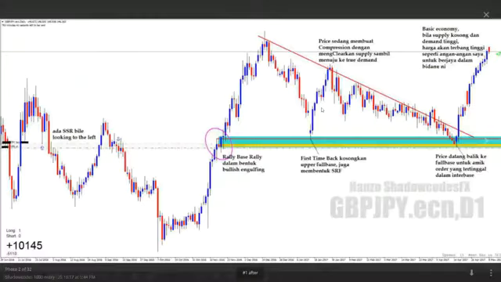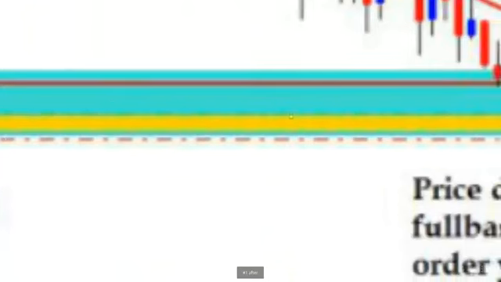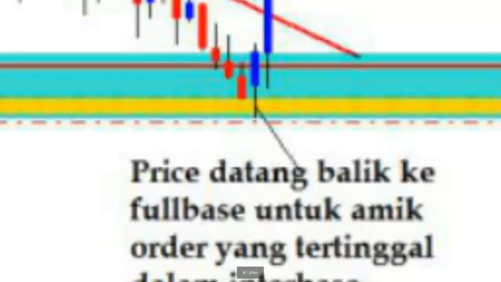And then over here, you will get the maximum clean breakout on the top here, because over there already been consumed, or in this daily candle.